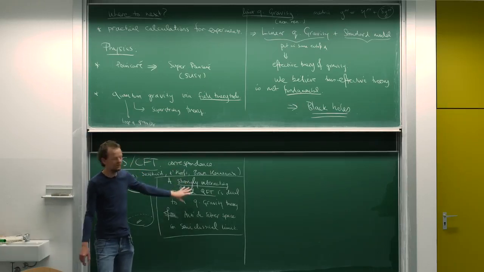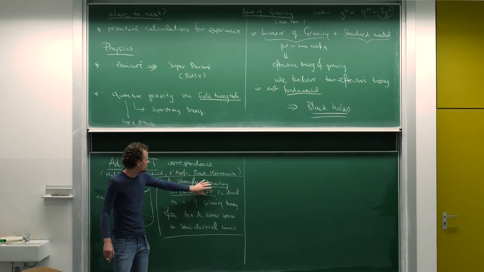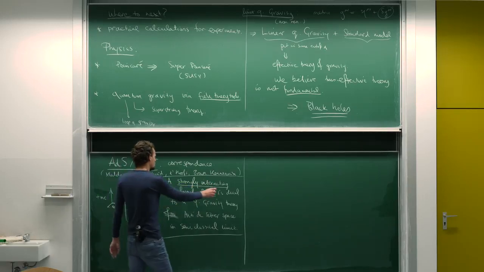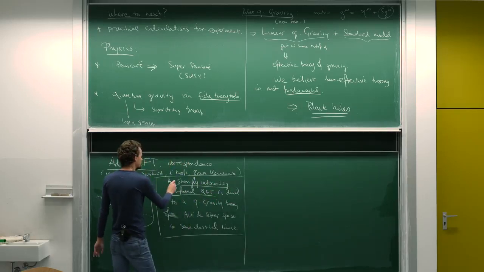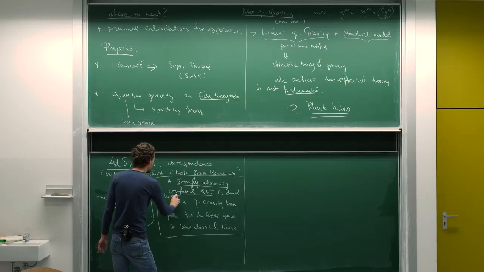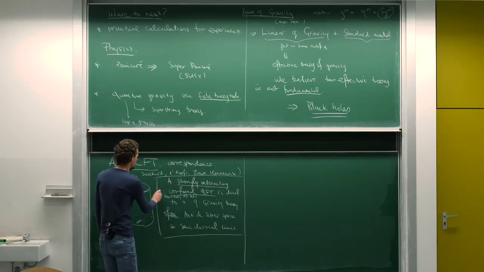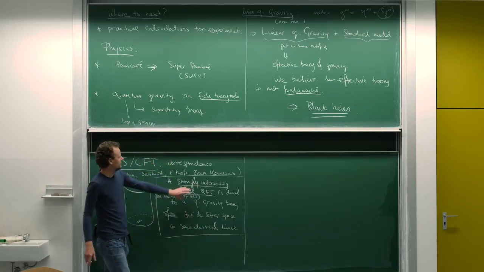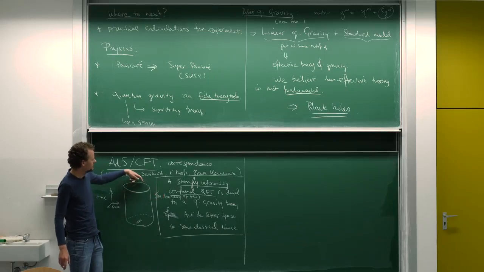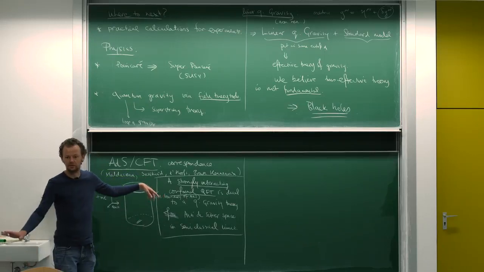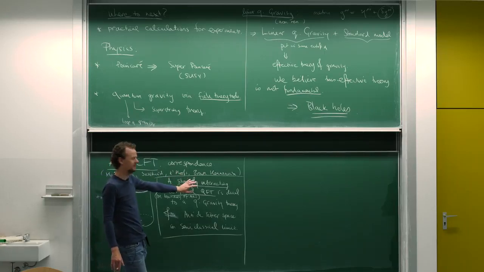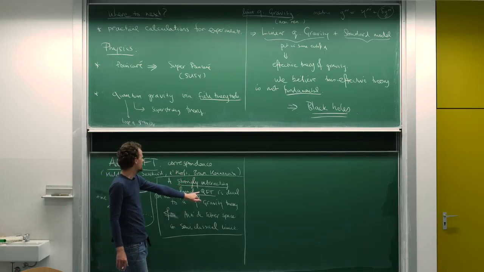According to a certain dictionary of things, to every observable in this... I didn't say the word boundary here. So to every strongly interacting quantum field theory that we think of as living on the boundary of an ADS space-time, about which you need not know either to appreciate what's being said with this correspondence, we say that such a strongly interacting quantum field theory is dual to this quantum gravity theory.